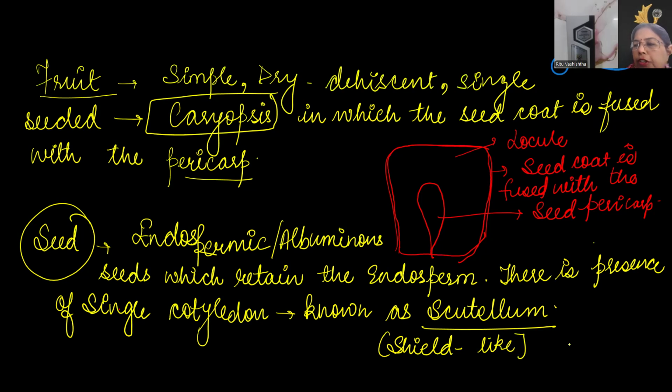Let me draw the structure of seed as well. Here you will find that the seed appears to be bearing a single cotyledon. So it appears to be like this. Here the radicle, coleorhiza, plumule, coleoptile.